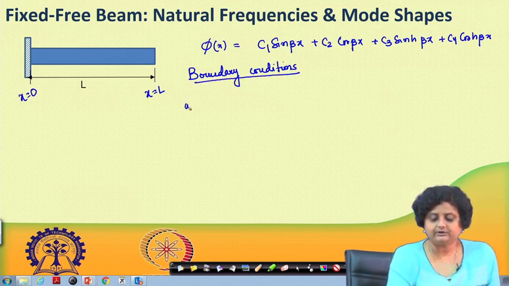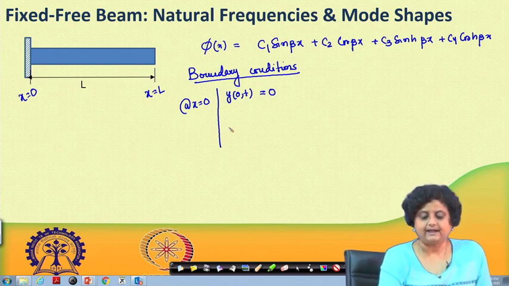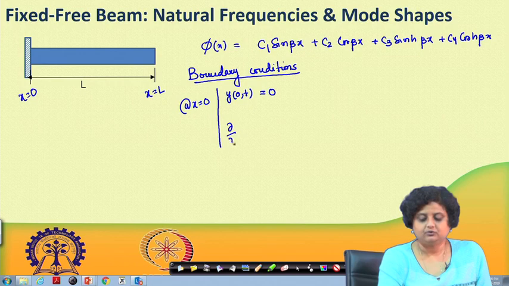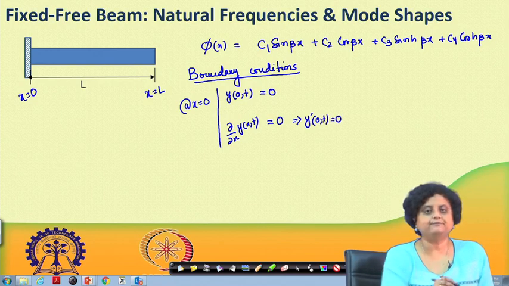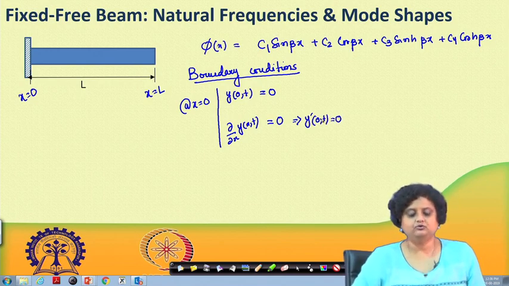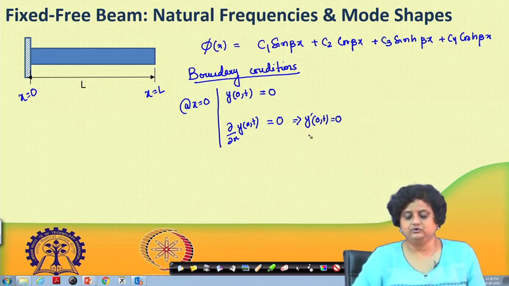So, the boundary conditions are at x equal to 0, what do I have? I have y 0 t is equal to 0. The other that I have is the slope is equal to 0, or this can also be written as y dash 0 t is equal to 0, because at the fixed end no rotation is also allowed. The displacement is not allowed for sure, and the rotation is also not allowed. So, I have y dash 0 t equals 0.